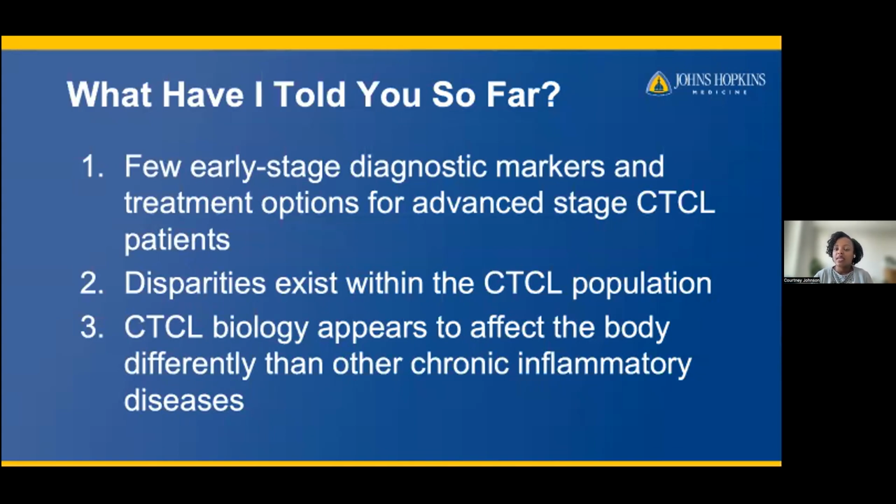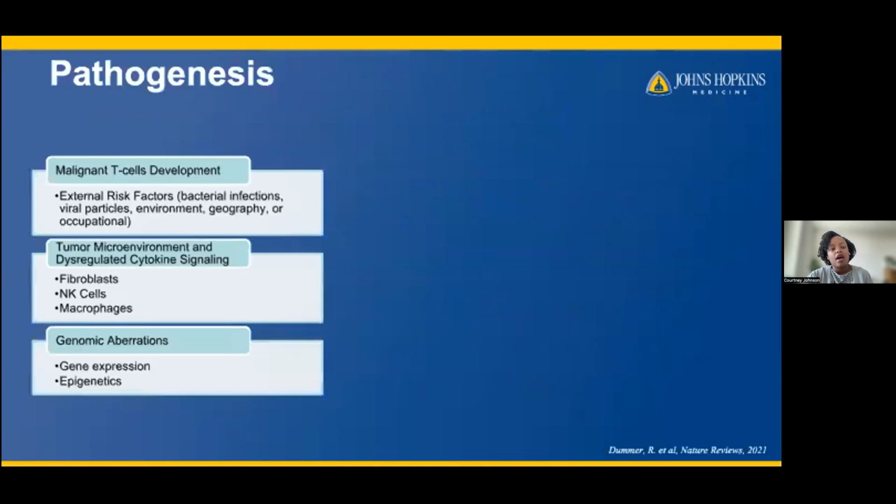Now, while we don't know the exact details of the mechanisms of pathobiology, we do know that the disease generally includes malignant T-cell development, which occurs due to some aberrant activation of T-cells. So we think maybe some external risk factors such as bacteria, viruses, some type of environmental exposure, maybe even geography or occupational may trigger the development of these T-cells.